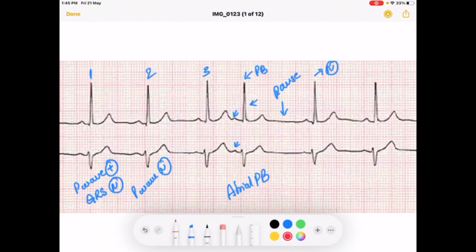And if you calculate the pause, you have to take the distance between these two. So it is 1 large square, 2 large squares with 3 small squares.